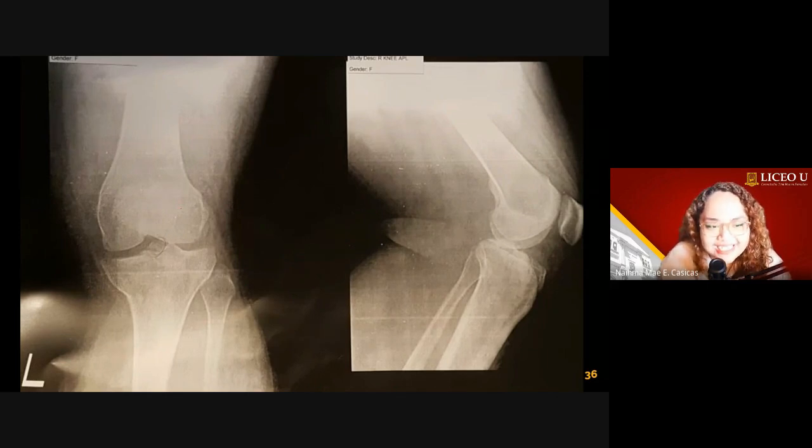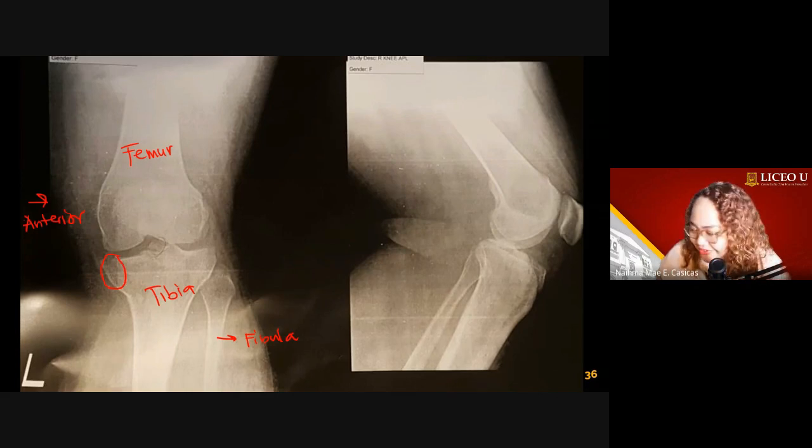This is the anterior view, meaning facing the front. This would be the femur, this would be the tibia, and this one would be the fibula. When I saw it, I thought, oh no, look at that.